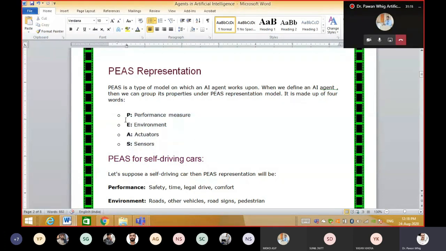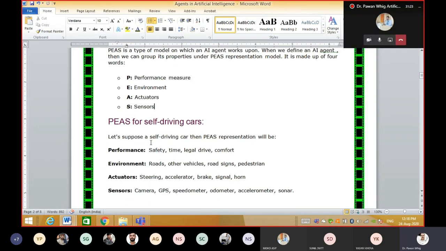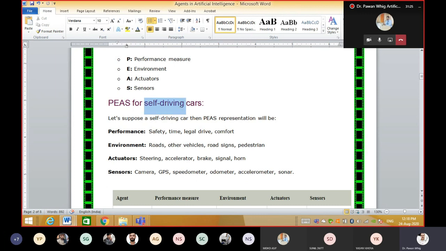Now, what are PEAS? P stands for performance, E stands for environment, A stands for actuator, and S stands for sensors. Now, let us see in a self-driving car, what does this P mean? P means performance. In a self-driving car, the performance can be measured in terms of safety, time, legal driving, and comfort.